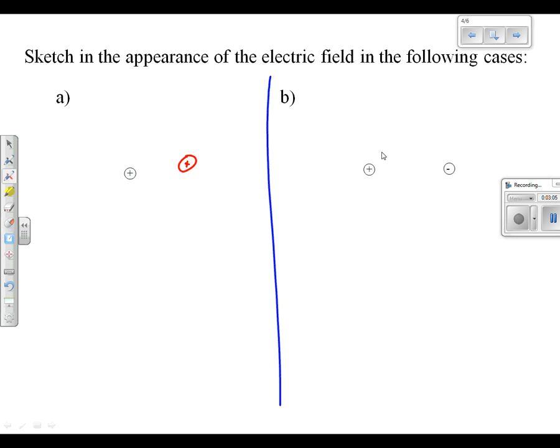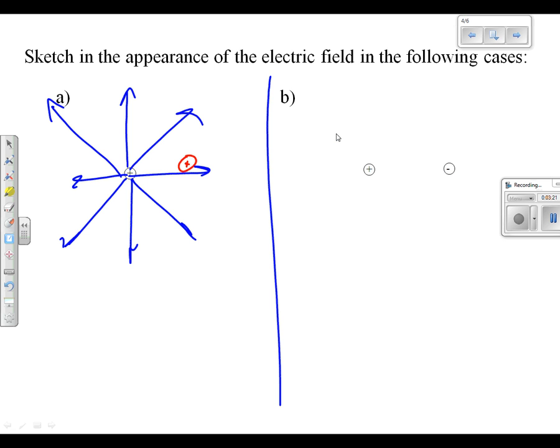Pushed away. Okay? And it doesn't matter where you put that, anywhere you put that, it's going to be pushed away. So the electric field is simply away. All of the arrows need to be pointing out. That's what you need to draw. That's it.